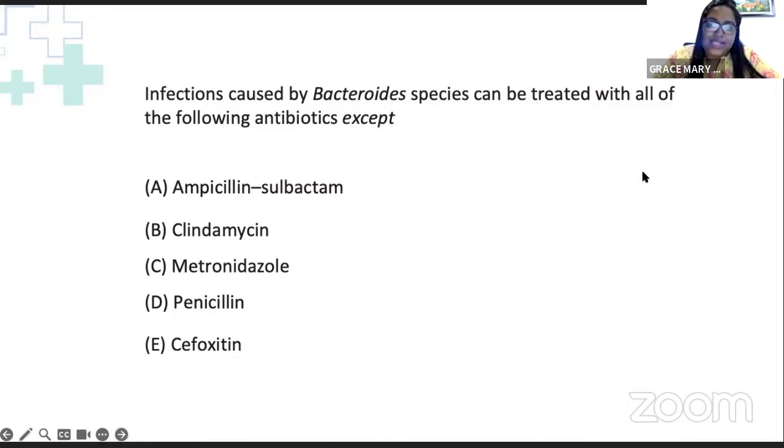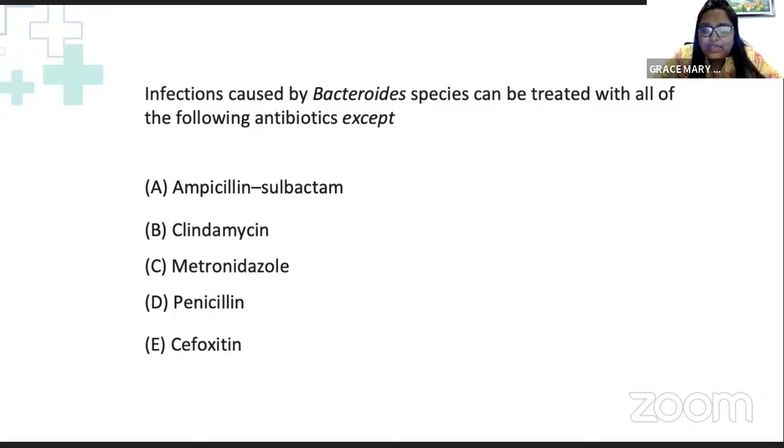Okay, so the correct answer to this question is penicillin. Now, coming back to the slide that I've told you about, most of these anaerobic organisms are capable of producing beta-lactamase enzyme. That means they can break down beta-lactam antibiotics.